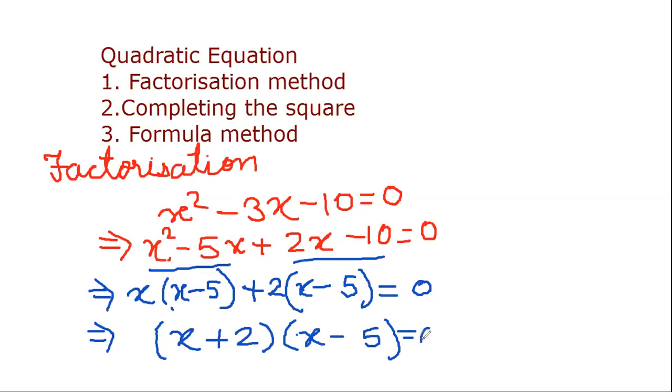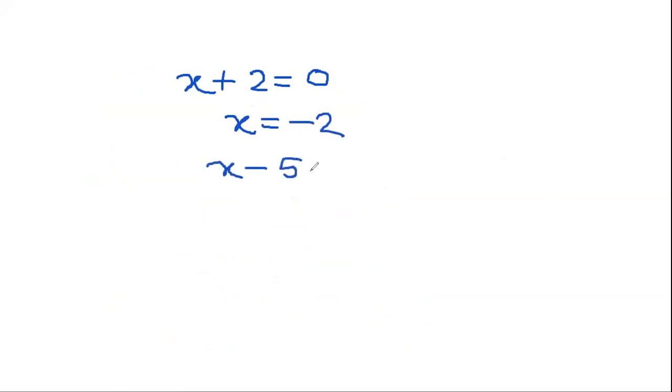After that, you just put x plus 2 equals to 0 and x minus 5 equals to 0. X plus 2 equals to 0, so you get x equals to minus 2. Then x minus 5 equals to 0, so you get x equals to 5.